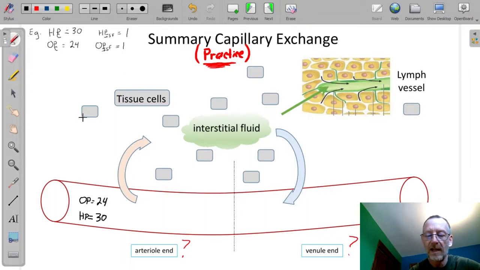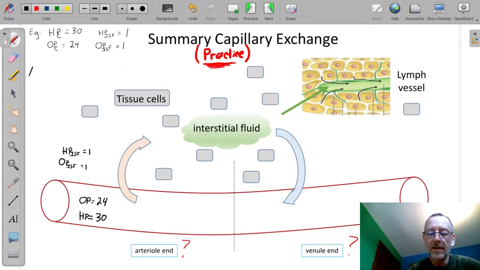And we have the hydrostatic pressure in the ISF at 1, and the osmotic pressure in the ISF equal to 1.